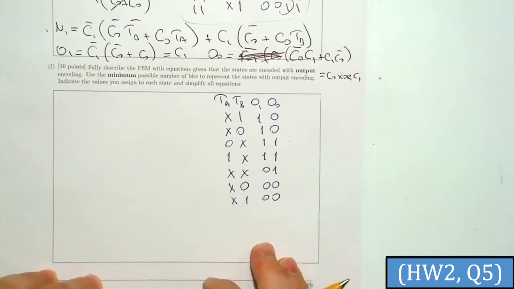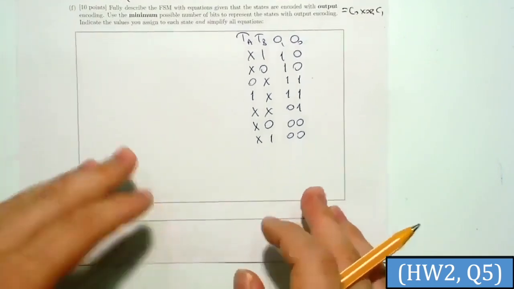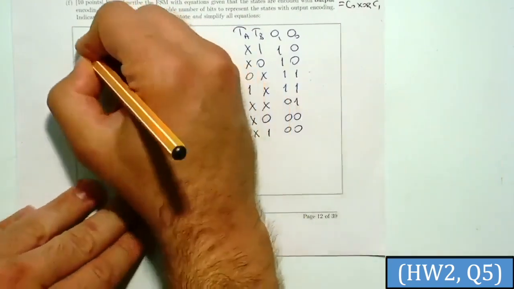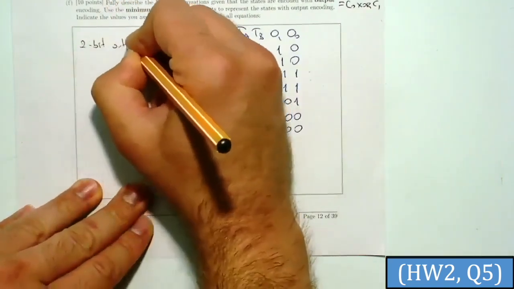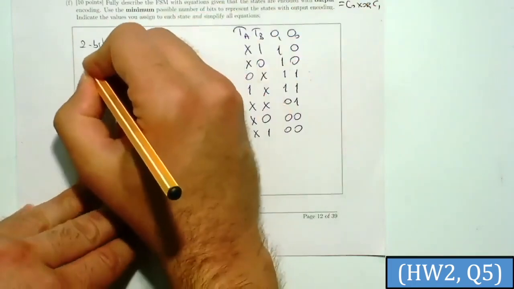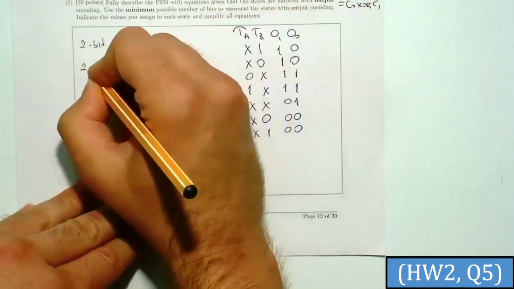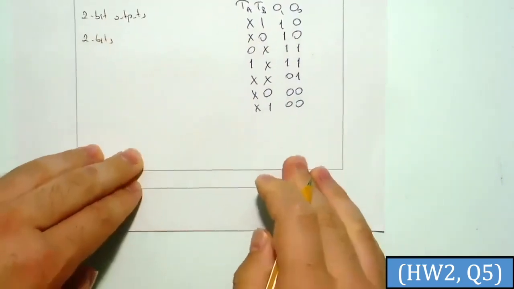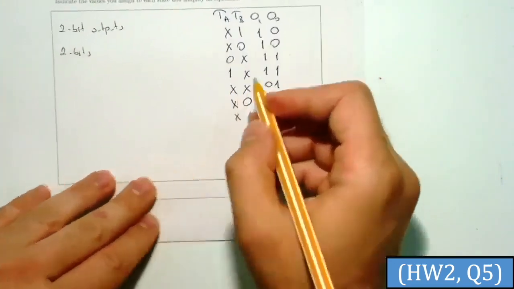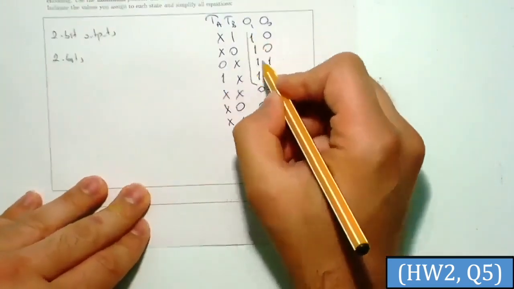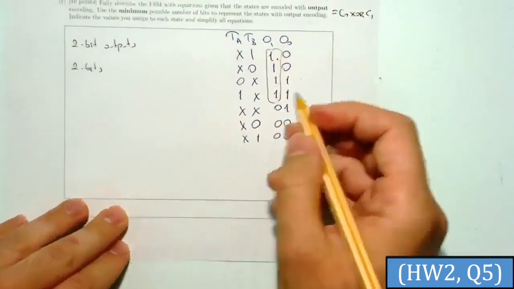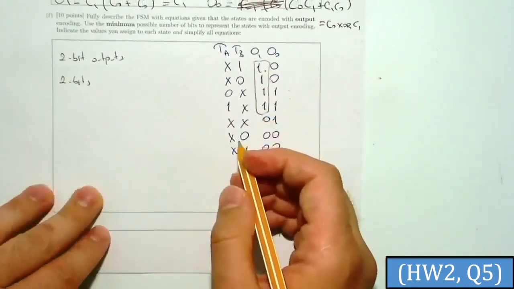I'll show you basically how I did it in this question. I have 2-bit outputs, and for the states I can use at least 2 bits. What I want to ensure is that when O1 is 1, then O1 is determined exactly, hopefully, by 1 bit.